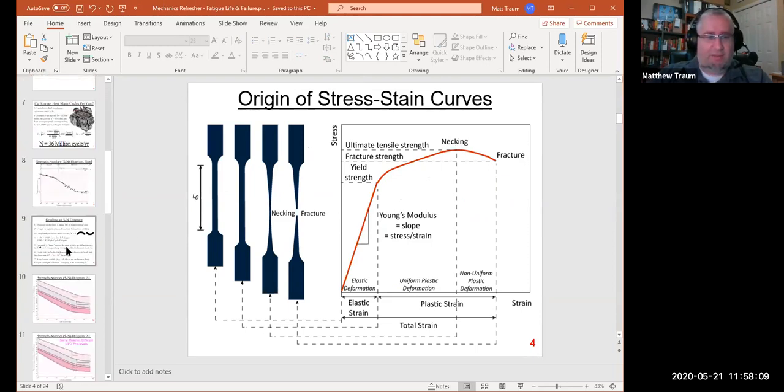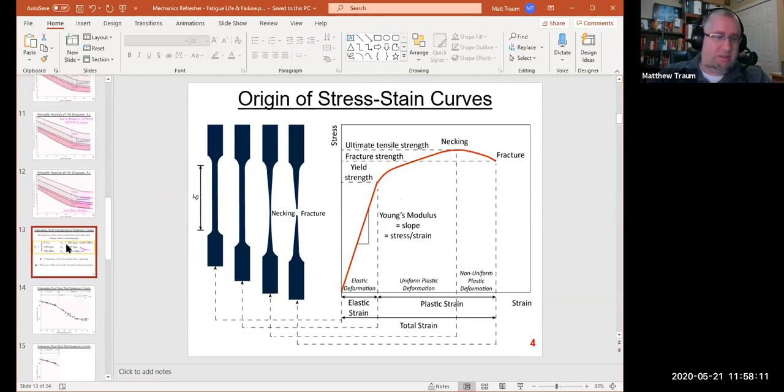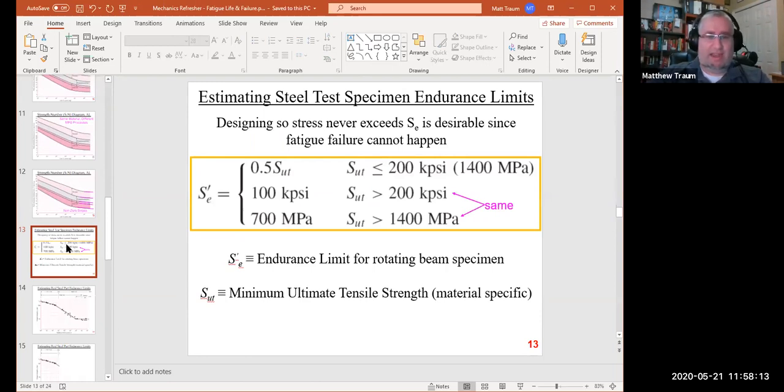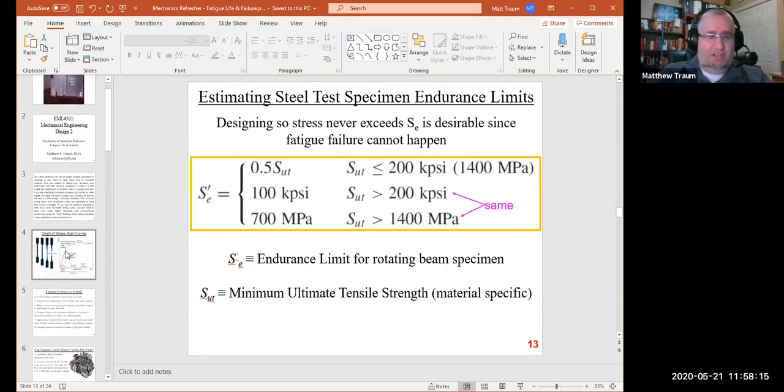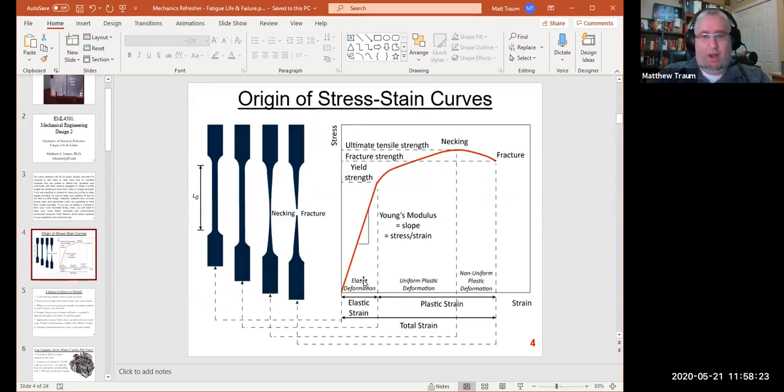You can back out a reasonably good approximate SN diagram by taking your material of interest, putting it into this rotating beam specimen shape, and running that beam through a failure process where you determine the ultimate tensile strength.